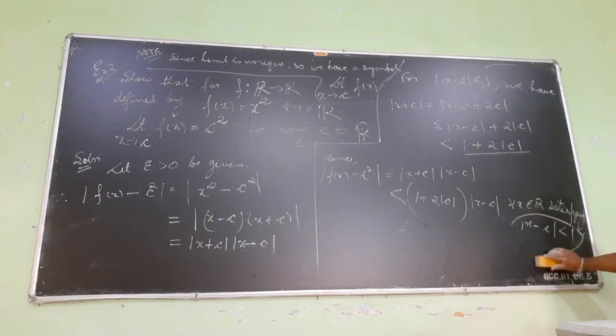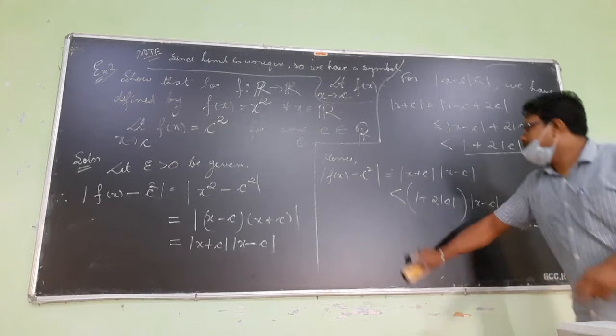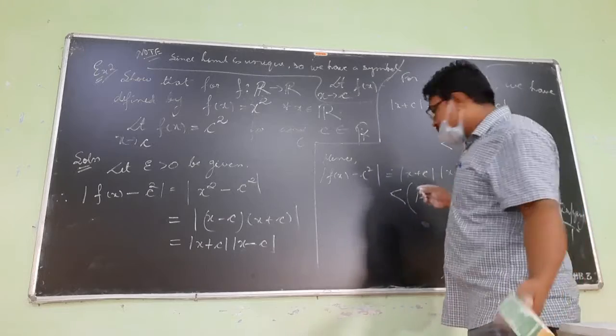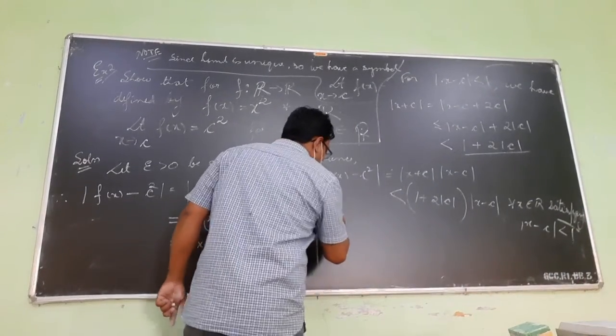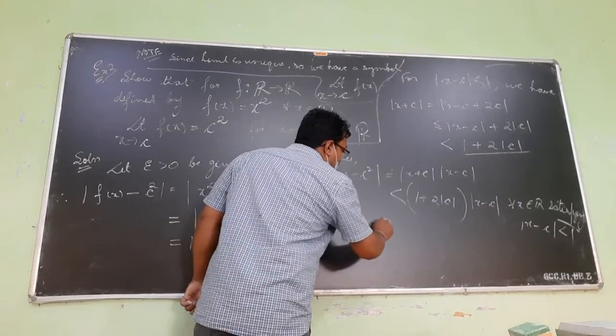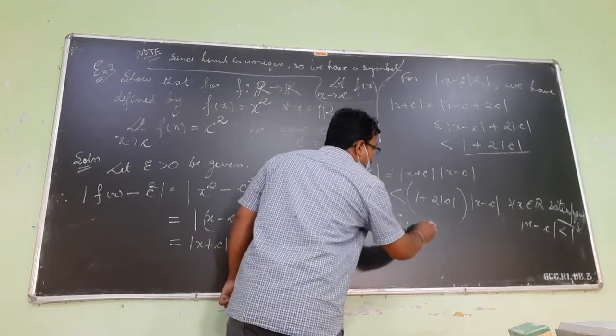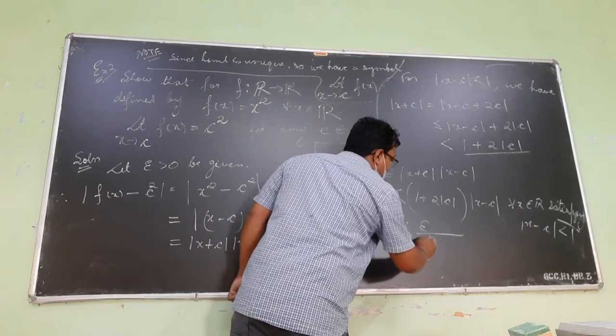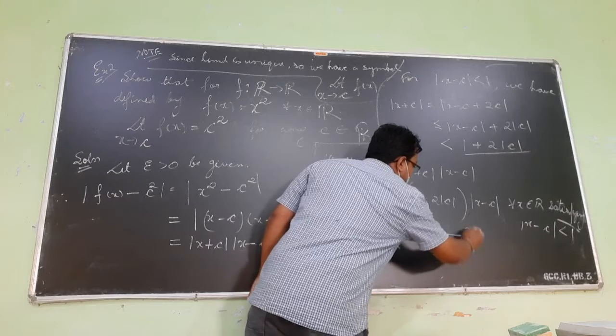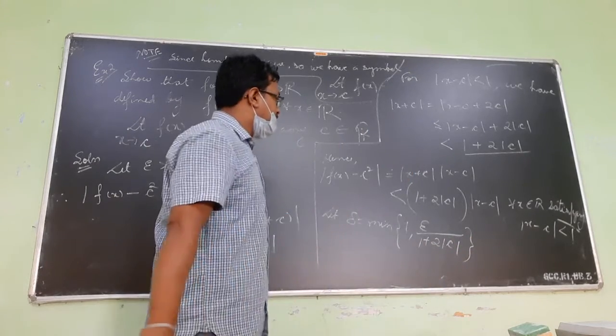So this is satisfying this. You can write: let delta equal to minimum of 1 comma epsilon by 1 plus 2 mod c. Let delta equal to minimum of these two.